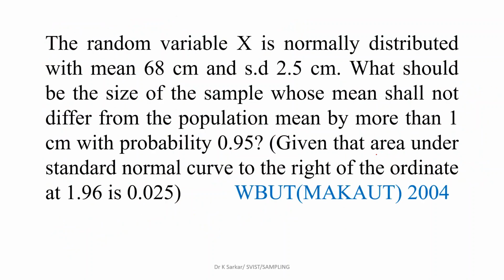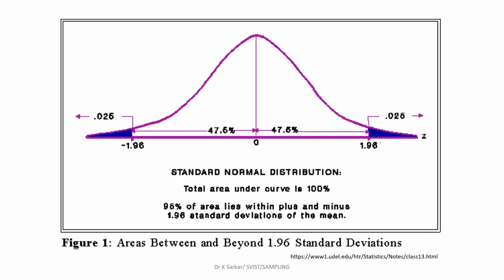Now look in the question that the area under the standard normal curve to the right of the ordinate at 1.96 is 0.025. Here in the diagram you see that to the right of z equals 1.96 under the curve the area is 0.025.